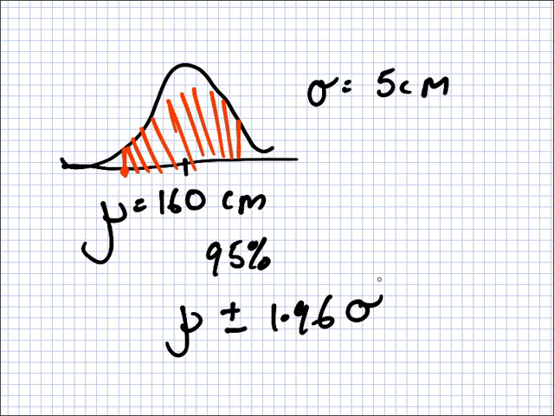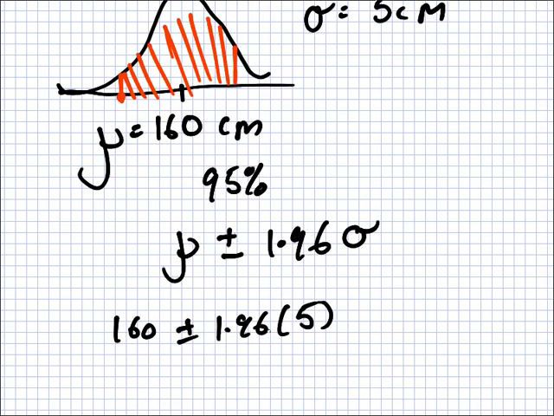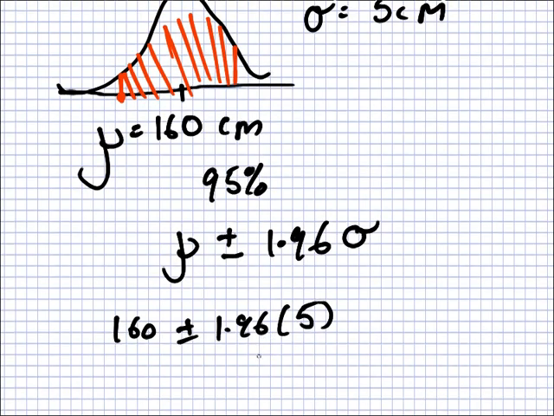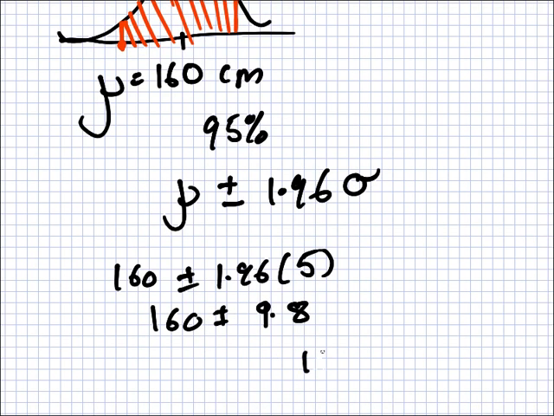Okay, so let's just take this one as an example. That would be 160 plus or minus 1.96 times 5 centimetres. So what's that? That's 9.8, is it? Yeah, 9.8. So that's 169.8.